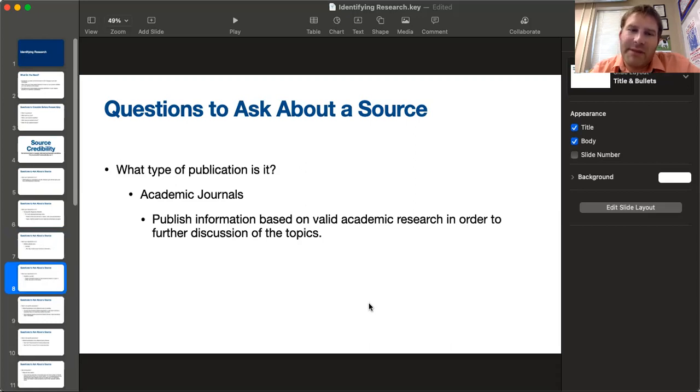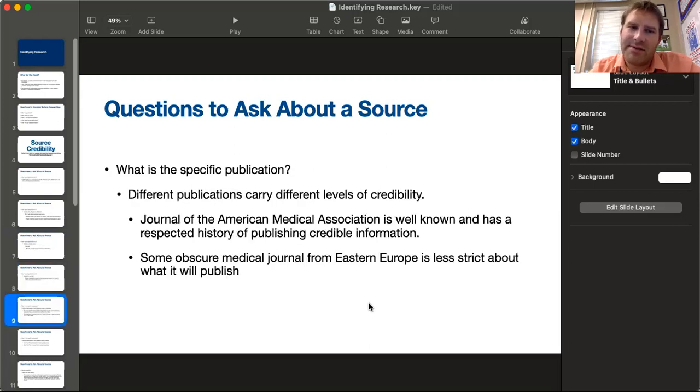They publish information based on valid academic research in order to further discuss the topics at hand. This is going to be the one that you're really going to hammer down on and focus on, academic journals, throughout all of college. They're the ones that most things want you to cite sources from. What is the specific publication?